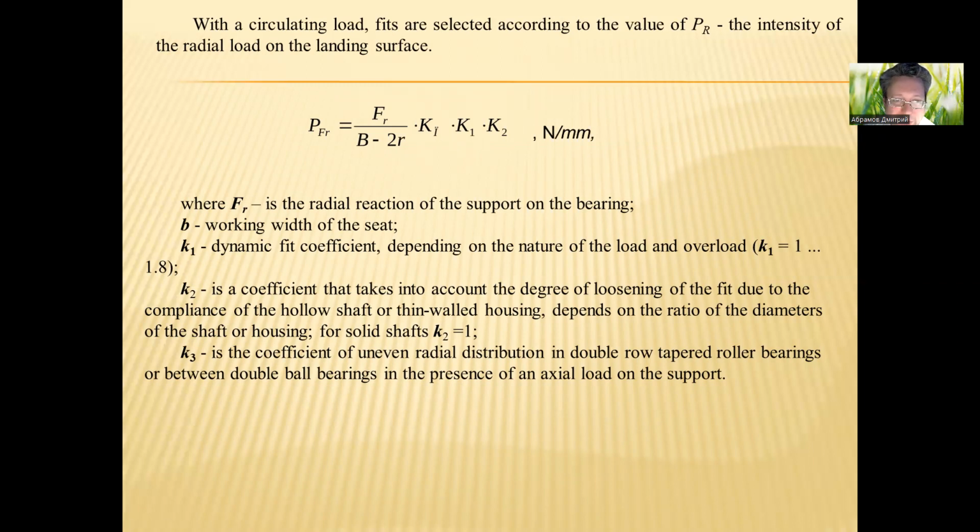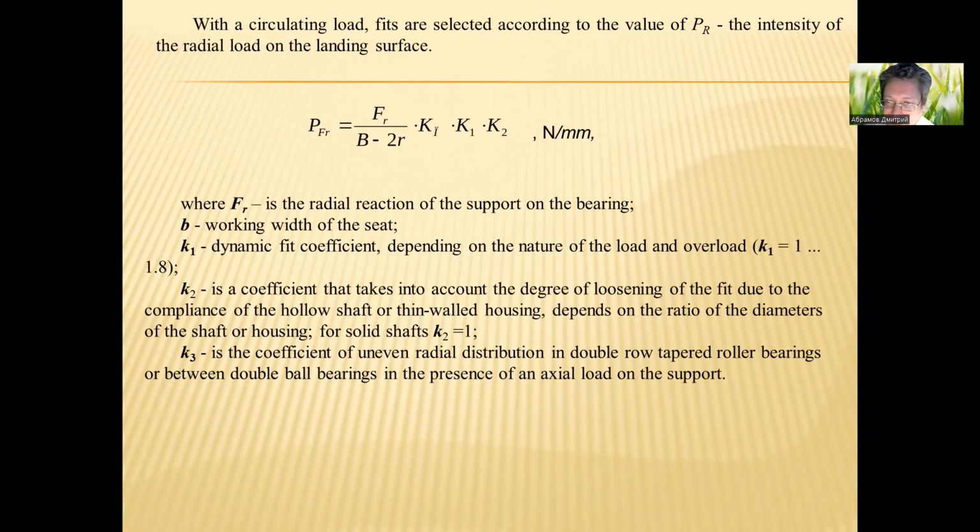K1, dynamic fit coefficient depending on the nature of the load and overload. K2 is a coefficient that takes into account the degree of loosening of the fit due to the compliance of the hollow shaft or thin-walled housing.